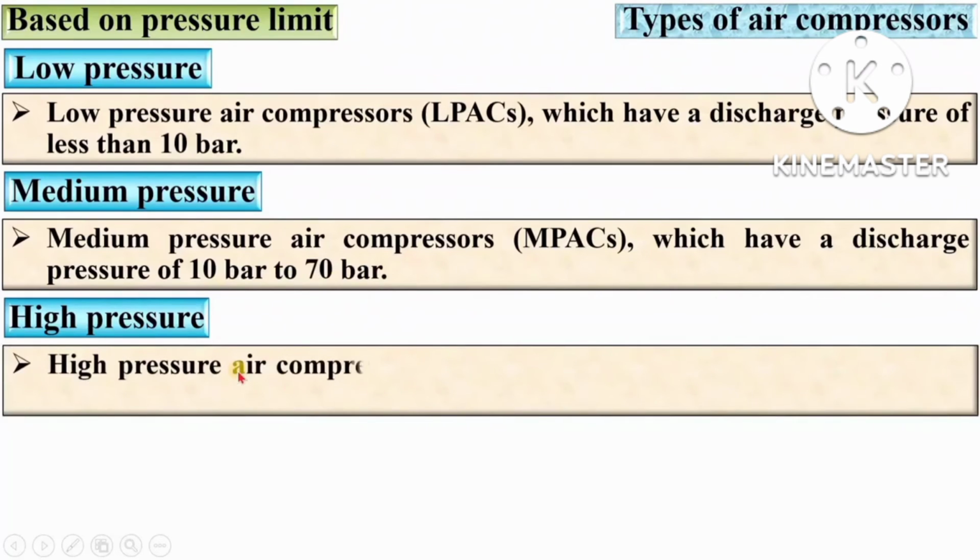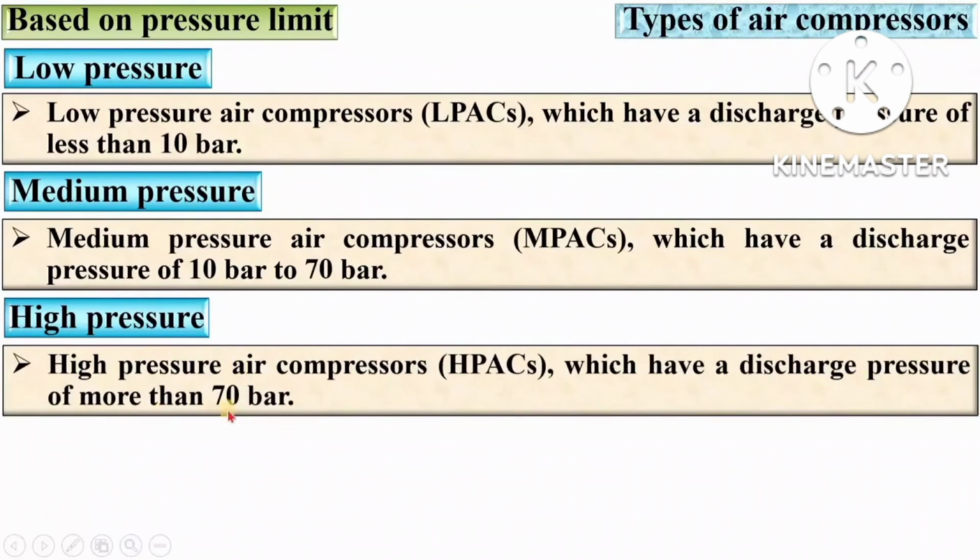And for high pressure, discharge pressure is more than 70 bar. So you only have to remember this 10 bar and 70 bar. If it is less than 10 bar, then it is called low pressure. If it is more than 70 bar, then it is called high pressure. And in between these two, that is known as medium pressure air compressor.